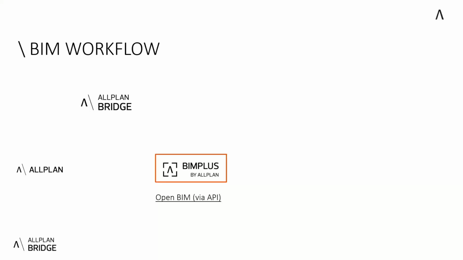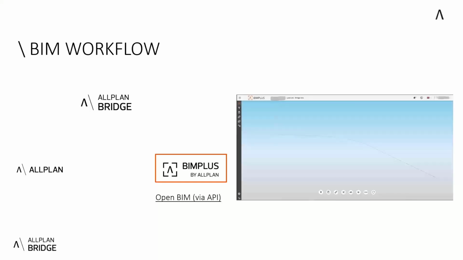It allows you to create or store data or even write from other third-party solutions. Because we have this API, it's open in a sense, so it allows you to do different additional things. In our case, at this stage of the bridge design, we use BIM Plus for the LandXML, for the axis. We want to import an axis into our project, so we use BIM Plus to import using LandXML.